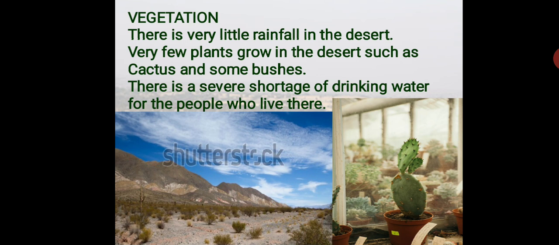Next, children, I will discuss with you about the vegetation of this region. There is very little rainfall in the desert, that I told you earlier also. So the desert gets very little rainfall within the monsoon season, or sometimes no rain at all in the monsoon.